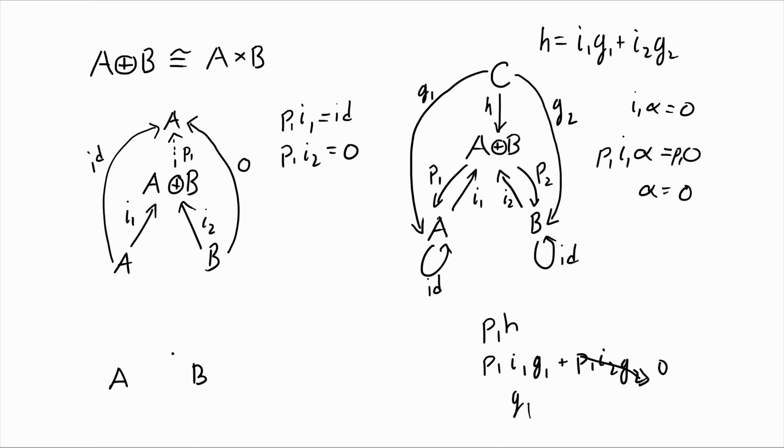A, B, and we're going to use the universal property of the direct sum again. This time we're going to go up to A plus B, with I1 and I2, and then here I1, I2.